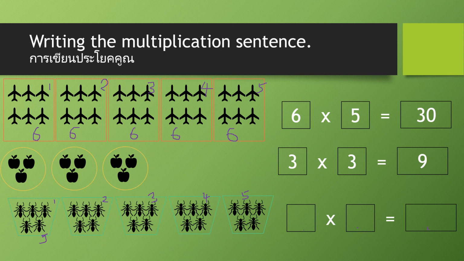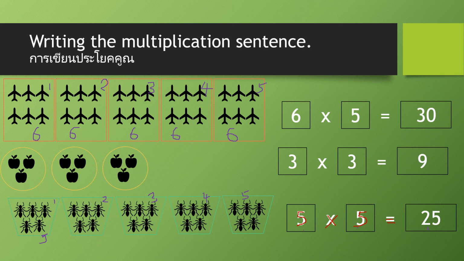We will check what the answer is first. Did you get the correct answer? Because we have 5 ants in one box, we will write 5 times how many boxes do we have? 1, 2, 3, 4, 5, equals.